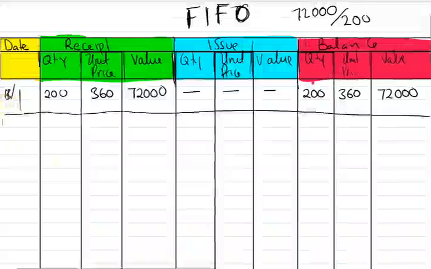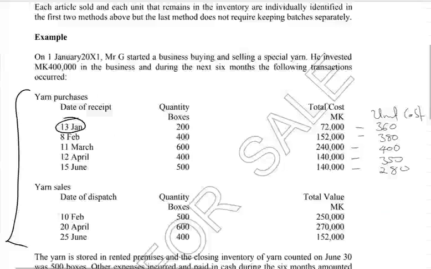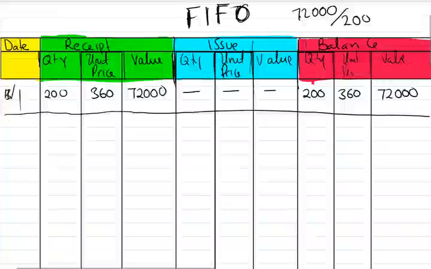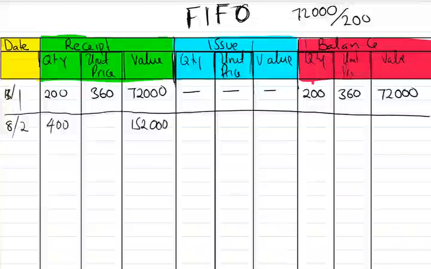The next transaction is happening on February. They purchased another consignment, 400 at 152,000. On 8th February they bought 400 at 152,000. To find the unit price, 152,000 over 400 is 380.